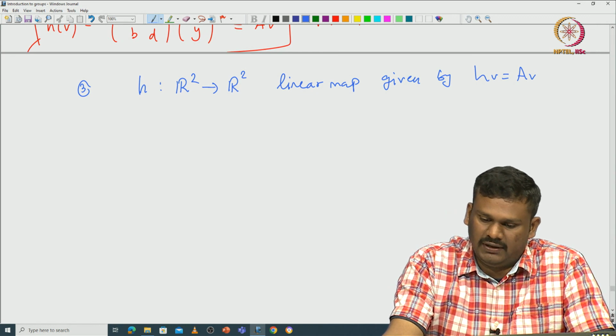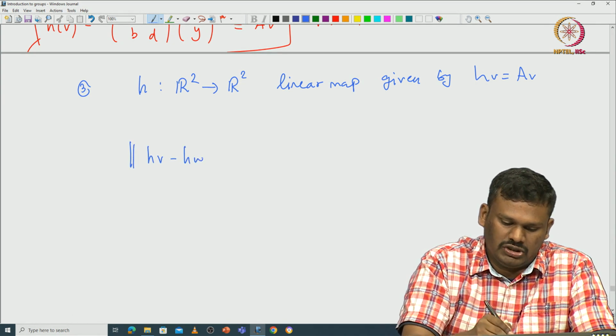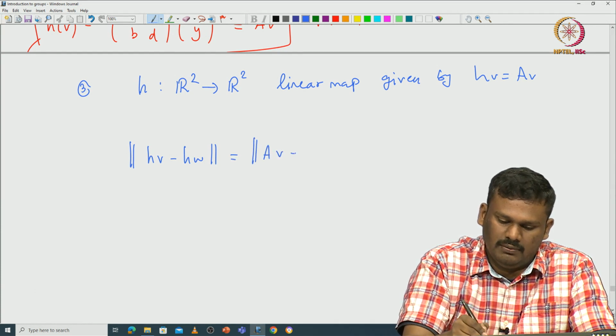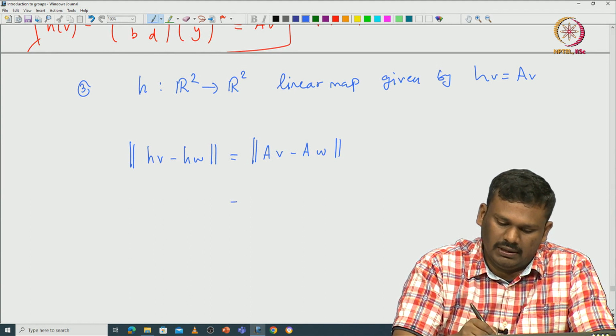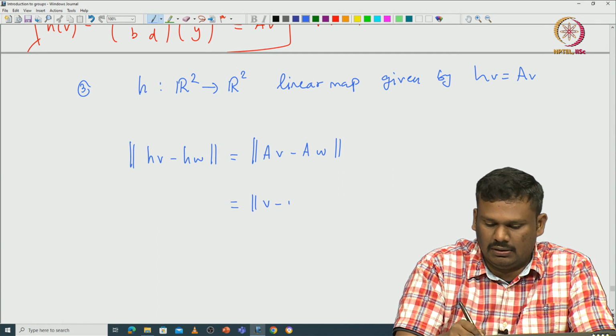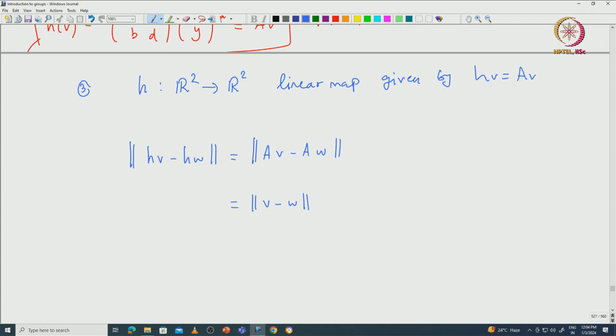So, how do you verify this? You have to just compute the norm of H V minus H W. Then that is going to be exactly the norm of A V minus A W. Then you can just work it out and see this is going to be exactly the norm of V minus W. Why is that the case? Because A transpose A is actually identity.